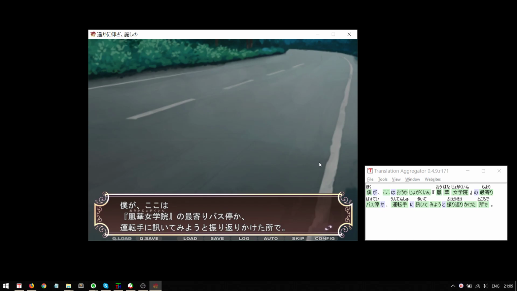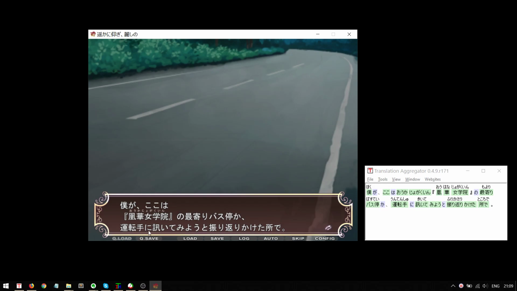This is another difficult sentence. Let's break it down. I will start from the end this time. 振り返る means to turn around. ところで we'll go to later.